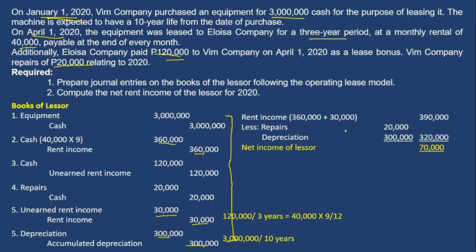Less the repairs of 20,000 and less the depreciation of 300,000. So 320,000. So 390,000 minus 320,000 equals 70,000 net income of Vim Company for 2020.